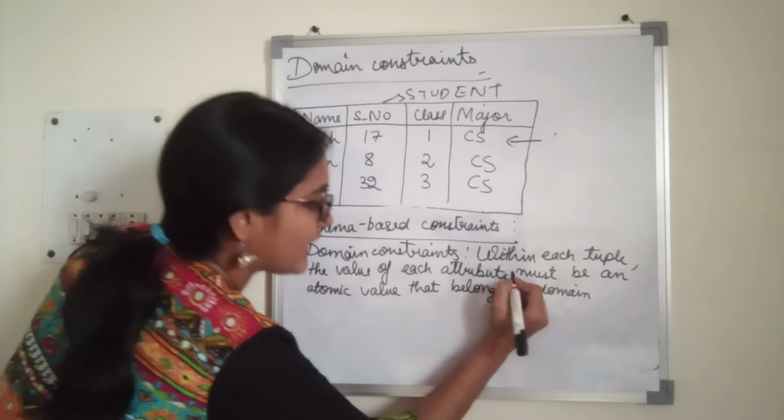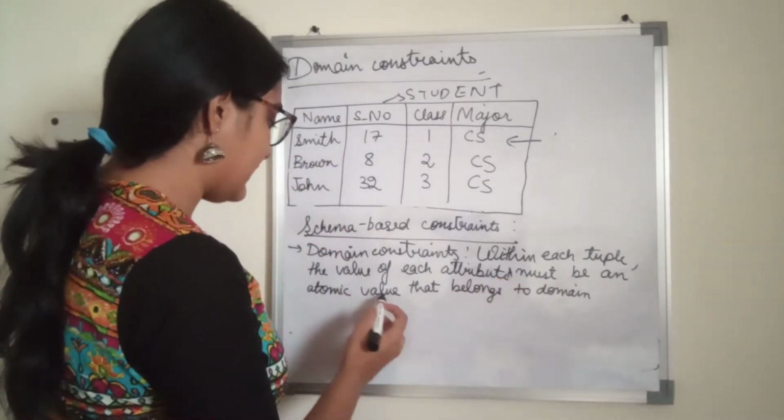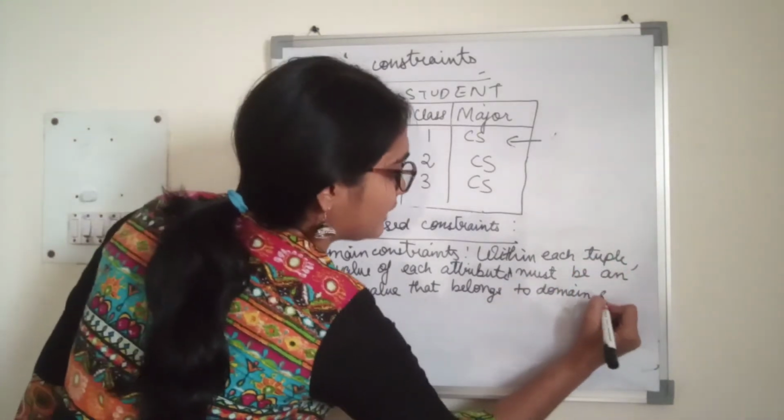The value of each attribute A, let us say A, is an atomic value that belongs to the domain.